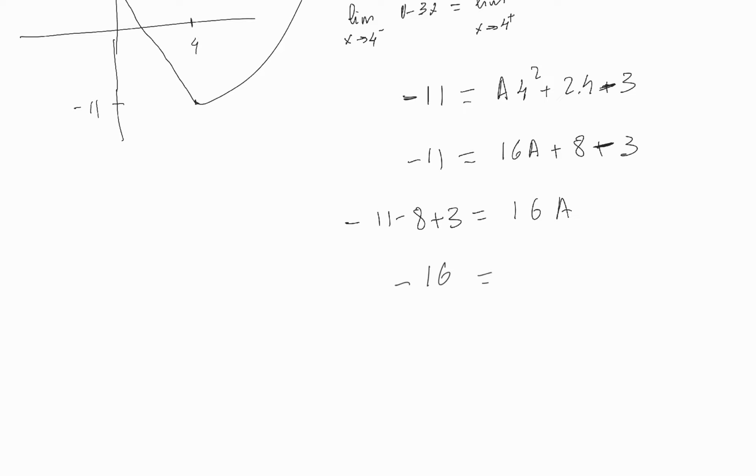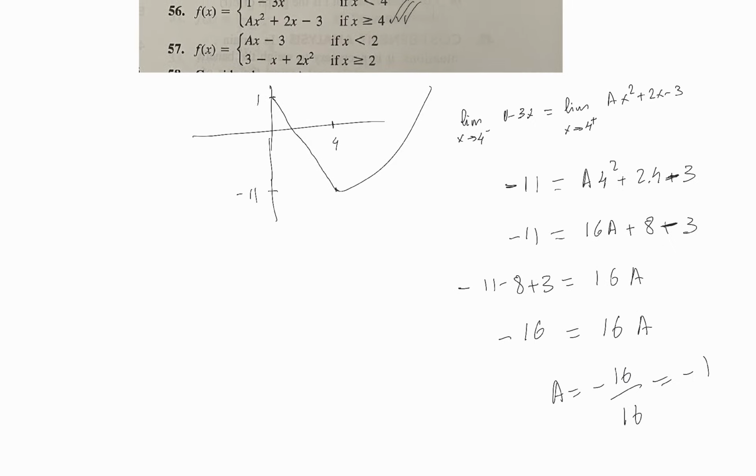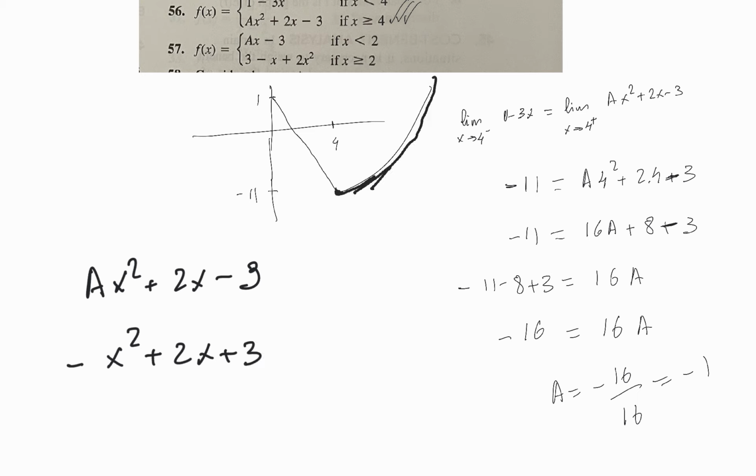Minus 16 equals 16a, so a is minus 16 divided by 16, or minus 1. So the function ax squared plus 2x minus 3, with a equal to minus 1, is minus x squared plus 2x minus 3. And now the function will be glued to the rectilinear line and will be continuous.